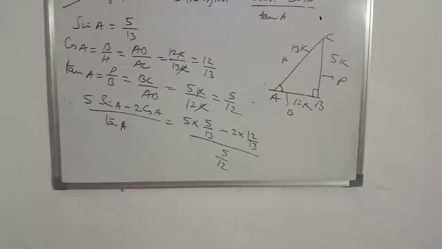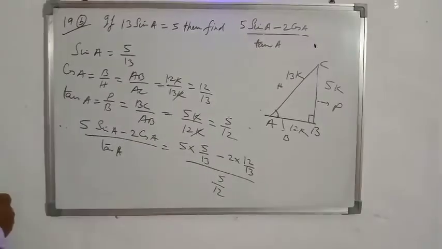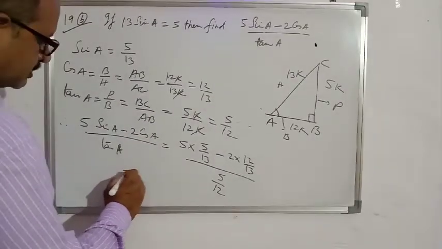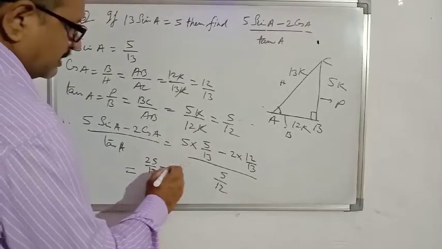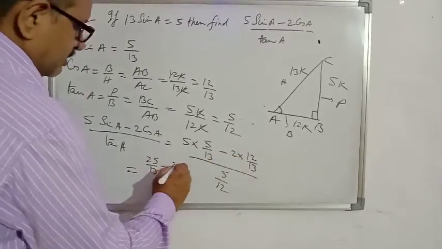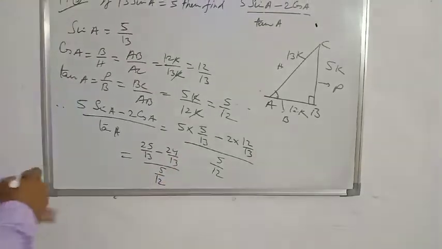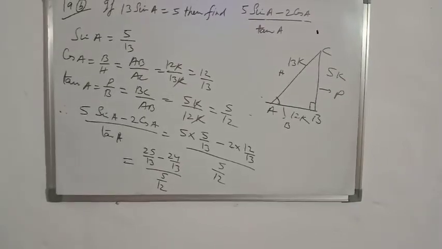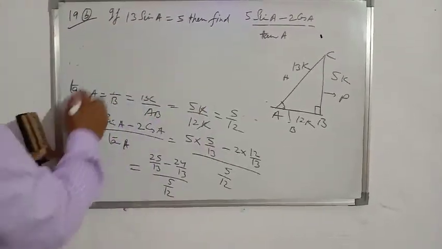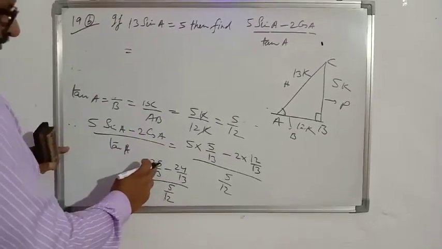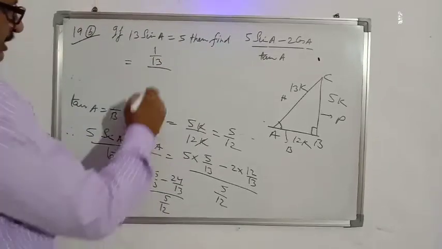Now we will simplify it. 5 into 5, 25 by 13, minus 2 into 12, 24 by 13, whole upon 5 by 12. 25 minus 24, it is 1 by 13, whole upon 5 by 12.